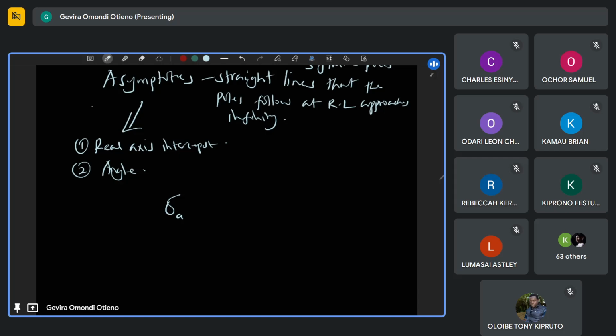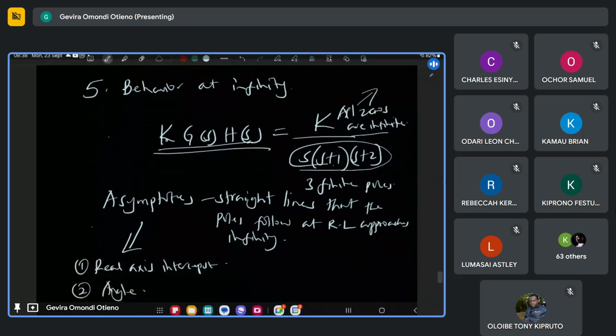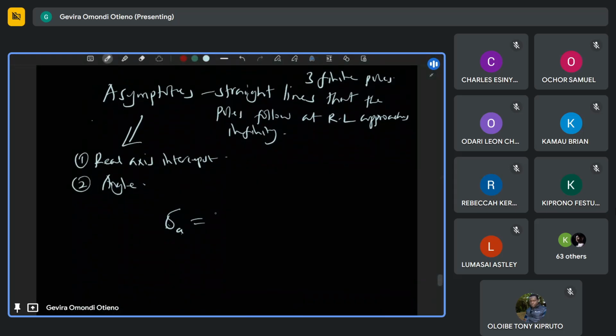So the real axis intercept is given by sigma A, because it's the real axis. Remember, sigma was the real axis, but the intercept we abbreviate as sigma A. For you to obtain the point at which they leave the real axis, you have to get the sum of the finite poles.